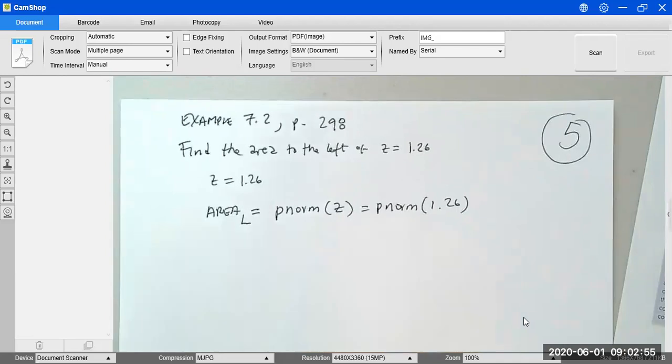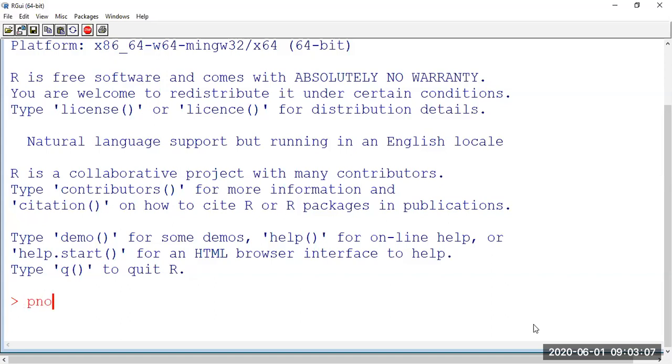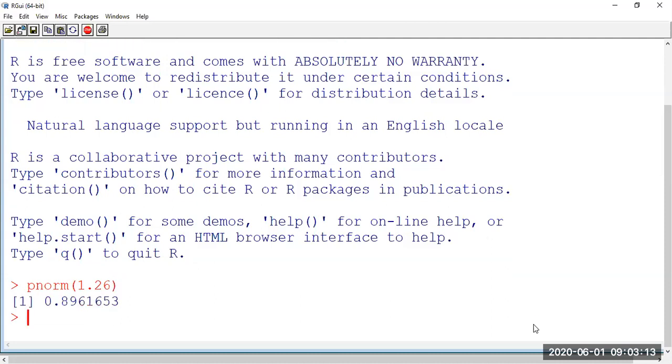With R it's going to be very simple. So let's go and start working on our R console. We need to type pnorm of 1.26, and we're going to get the area. The area is just 0.896165.